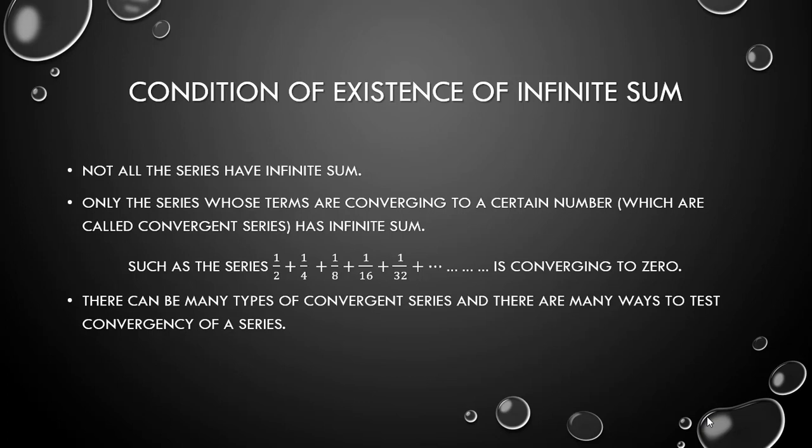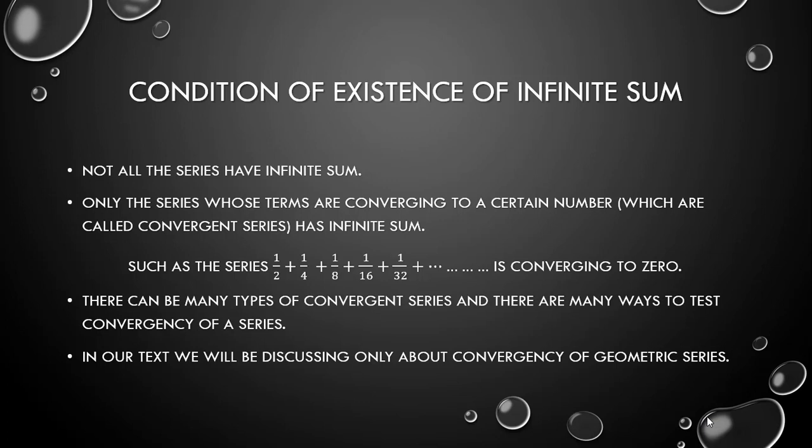If the series is very complicated, it may be very hard to find whether it is convergent or not. So there are many ways to test the convergence of a series, which is the topic of honors.